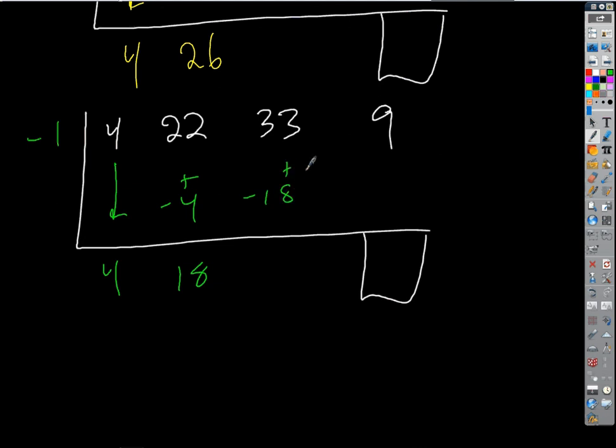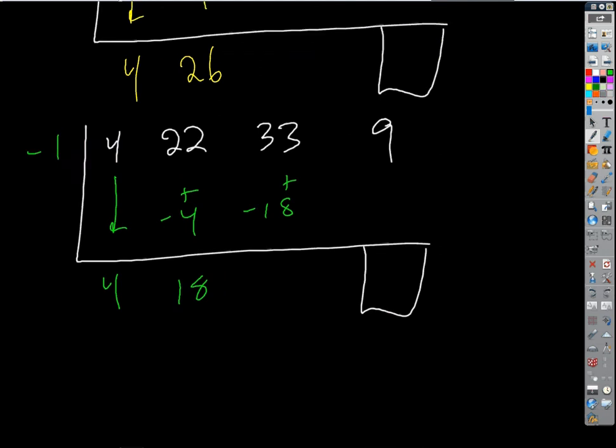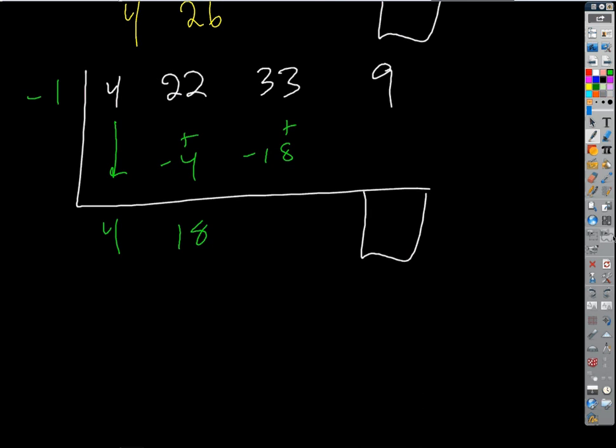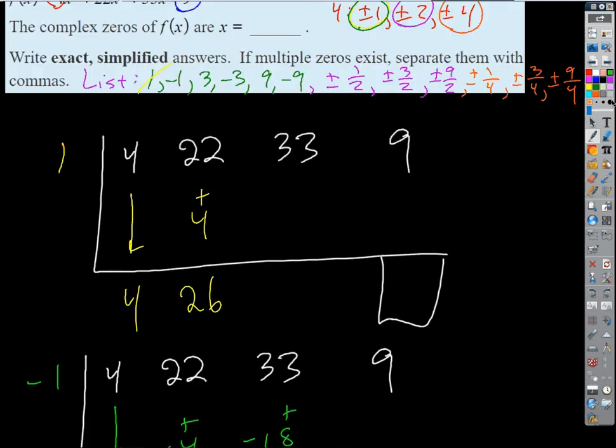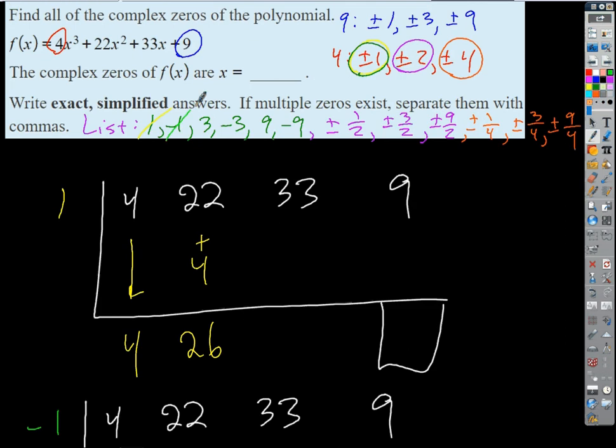Add those, what do I get? Not 9. Oh, that didn't work. I thought that one was going to work. Okay, so that one we can cross off too. My mistake.